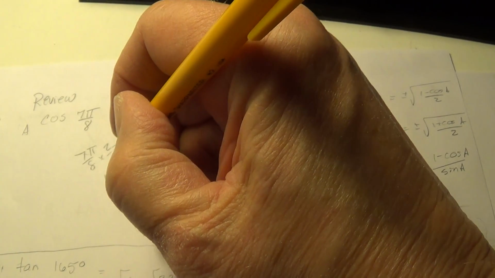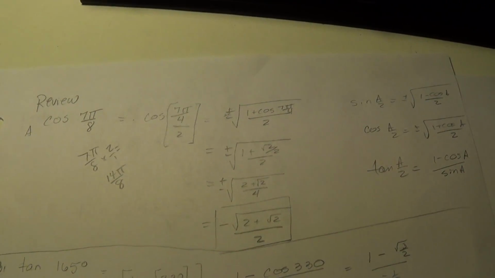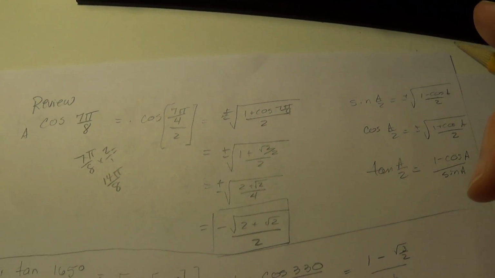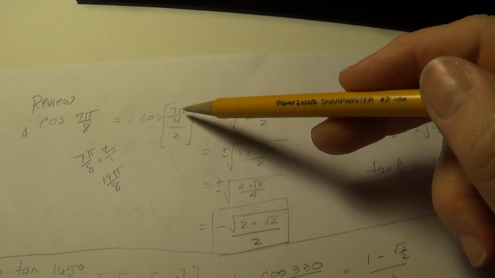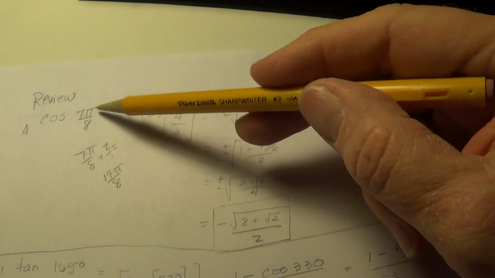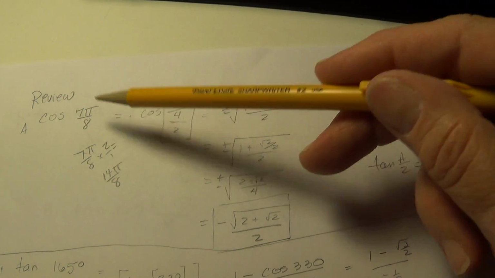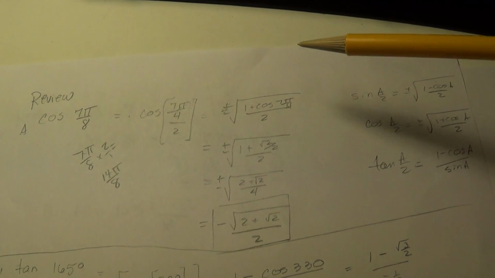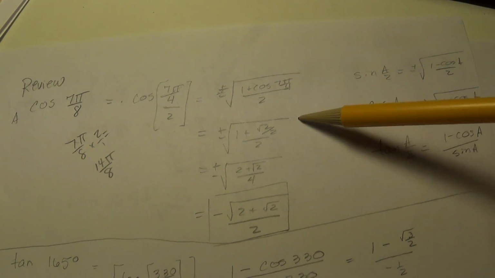It equals 14 pi over 8, which reduces to 7 pi over 4. That's where this came from. Alright, and when you take that and divide it by 2, it is equivalent to that. So we're using this form because this is not on the unit circle, this is. So here we go. Plug it in, plug it in.